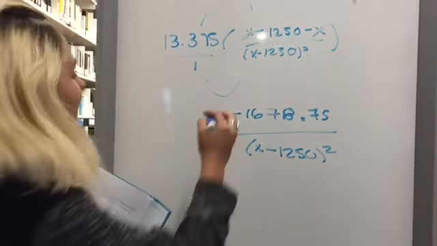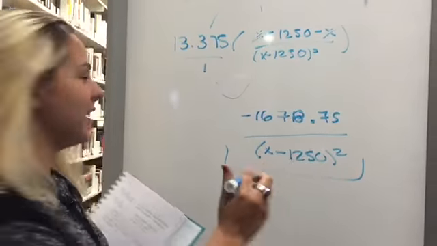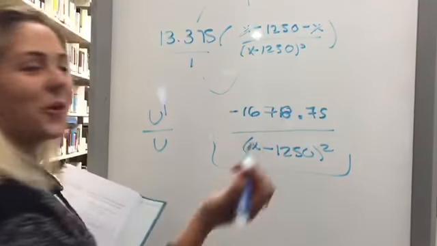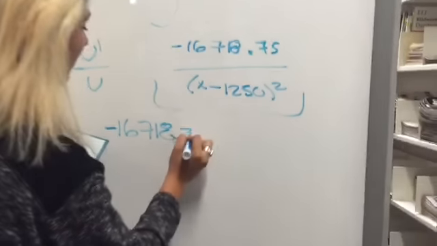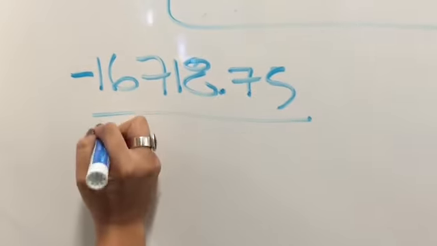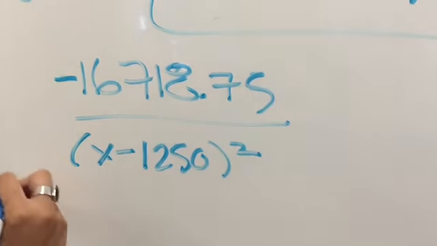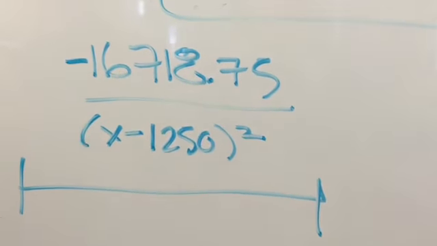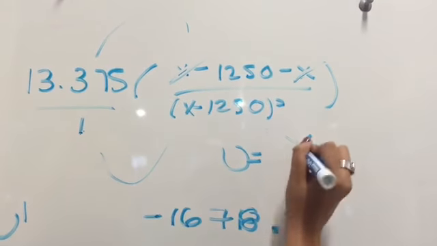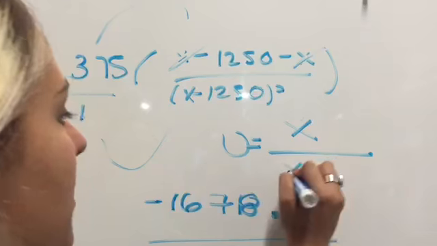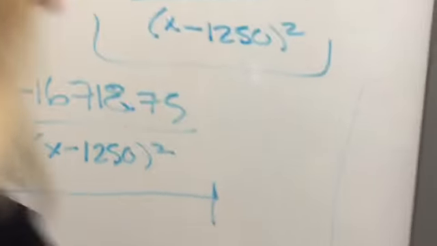Now, this is your u prime, so we need to put it inside the derivative of that ln, which is u prime over u. So it's gonna be negative 16,718.75 over x minus 1,250 squared over our u, and our u is equal to x over x minus 1,250. So this, we put it over here.